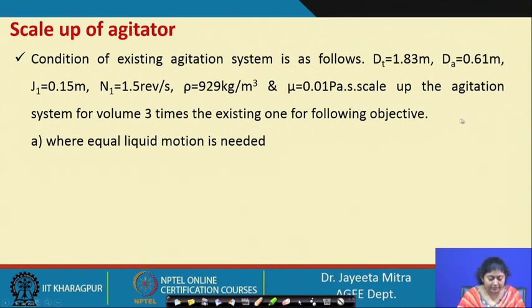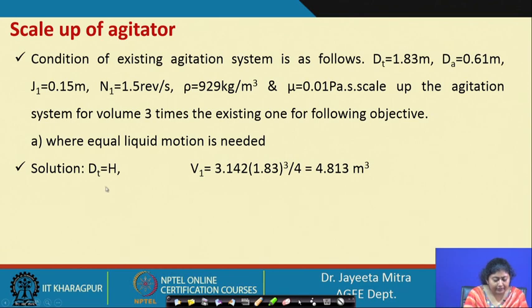Scale up the agitation system for volume 3 times the existing one for the following objective. This will be very beneficial for those who want to work on an industrial scale system and want to upscale this. So, how can we solve this? This is the problem of scale up based on equal liquid motion.